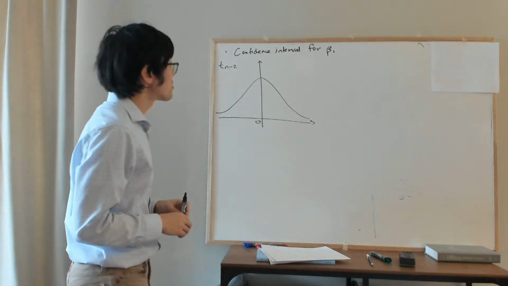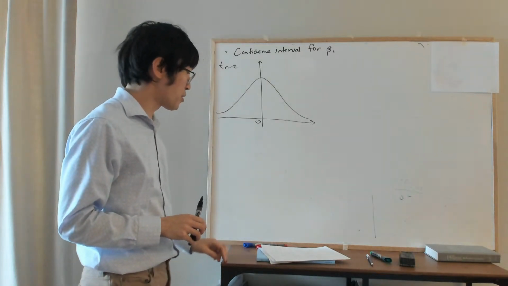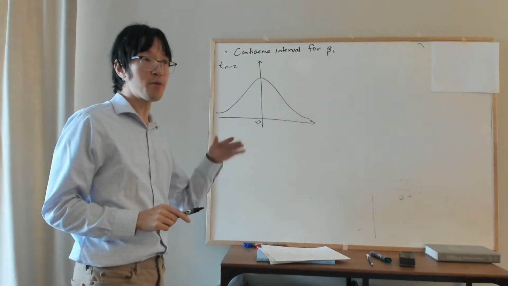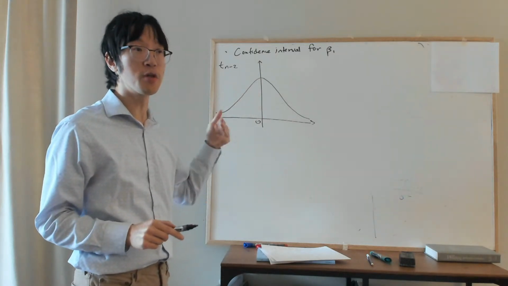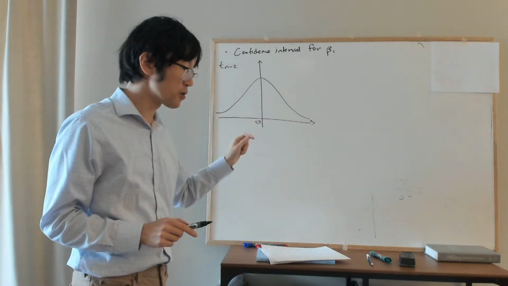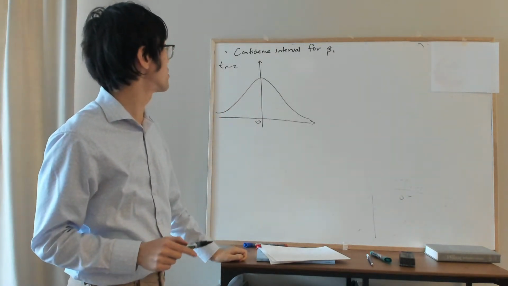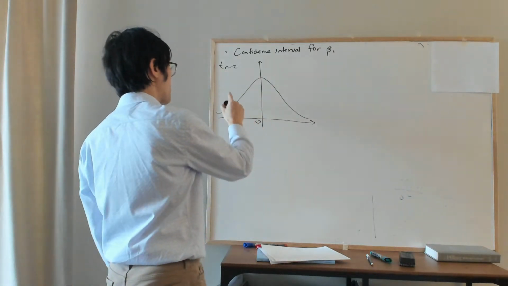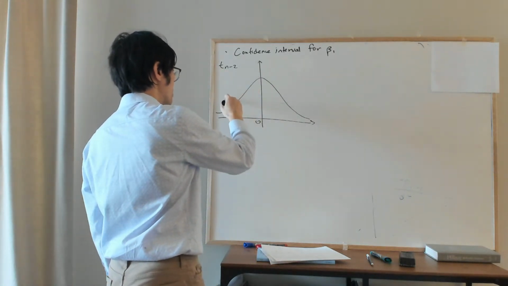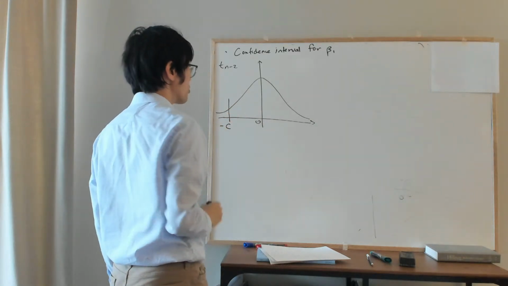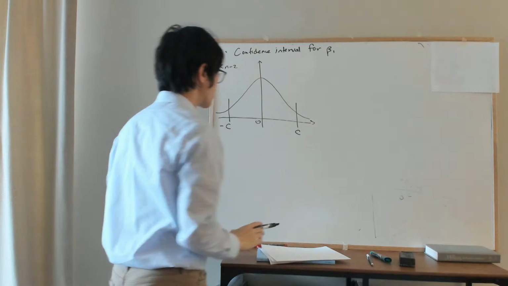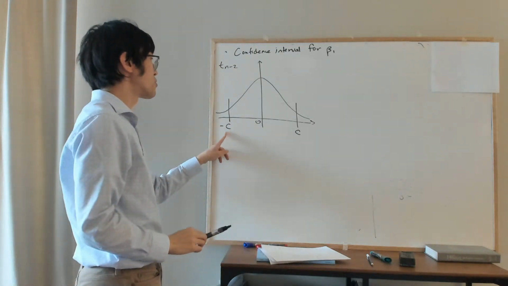Because we know that beta 1 hat, when it's standardized using the estimated variance sigma, we get a t n minus 2, so we'll be using quantiles from this distribution for that construction. I'm going to label this graph. Let's put a constant c, so it's symmetric.